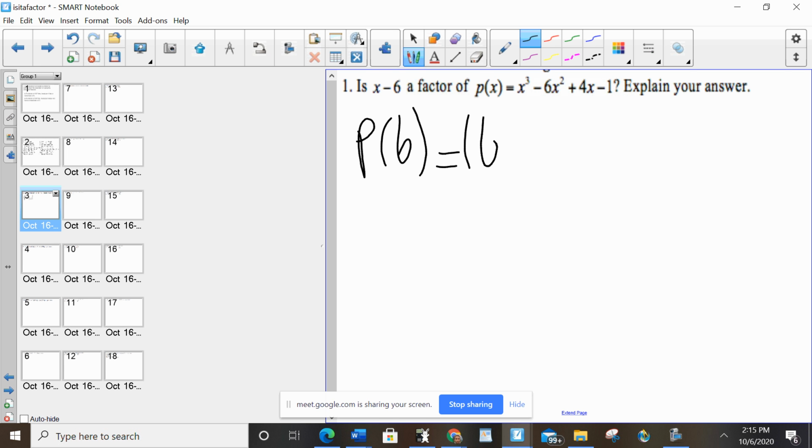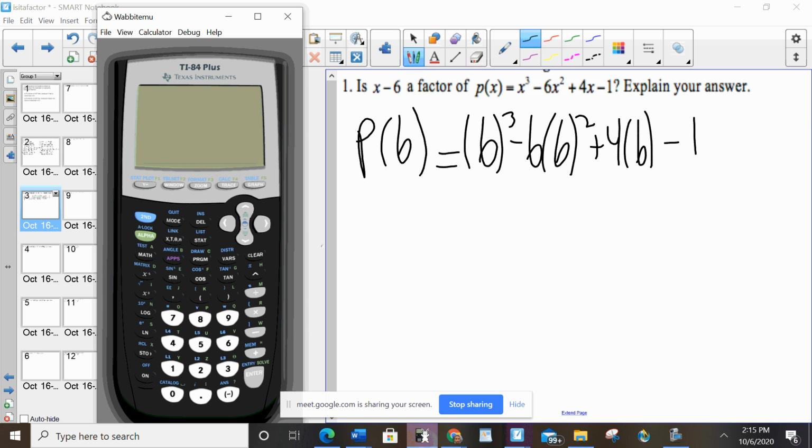So I'm doing p of 6 equals 6 cubed minus 6 times 6 squared plus 4 times 6 minus 1. We just did that in the last lesson. We can do it by storing, or without storing, depending on what calculator you have. So I'm going to do it with storing.